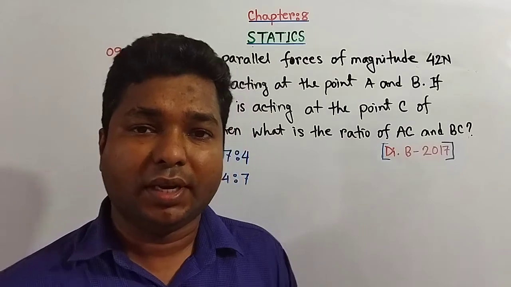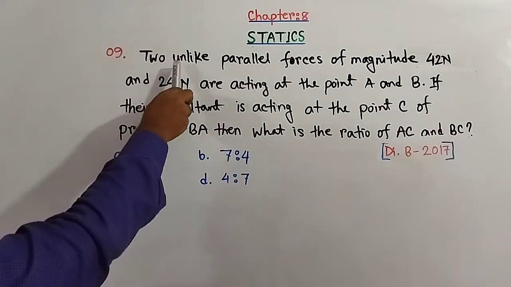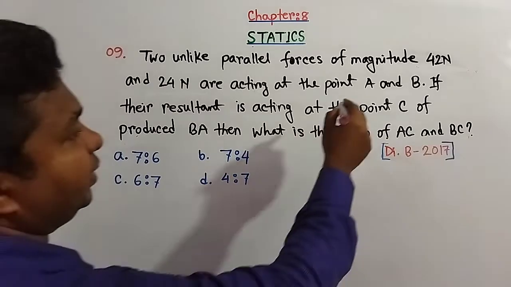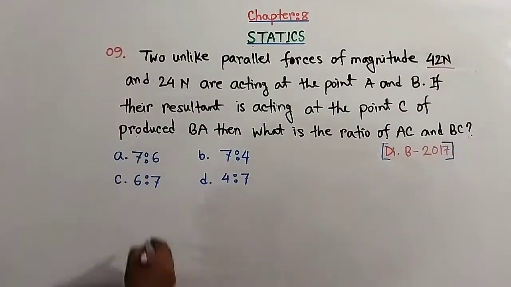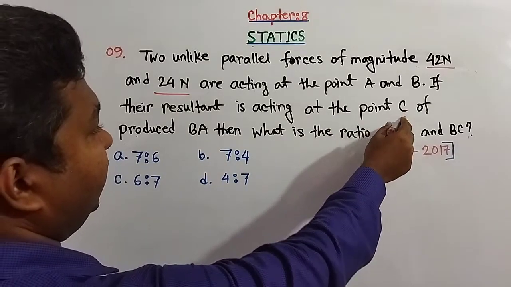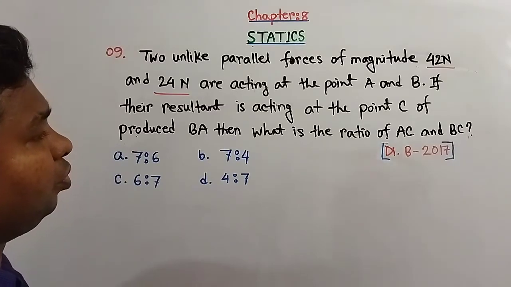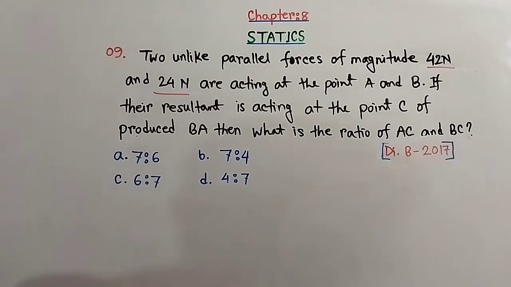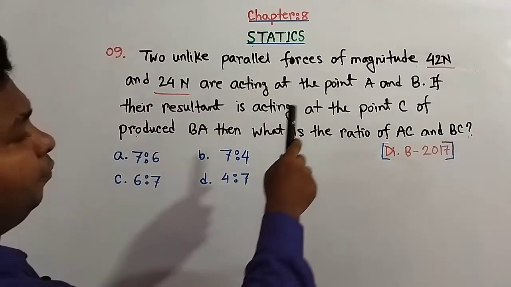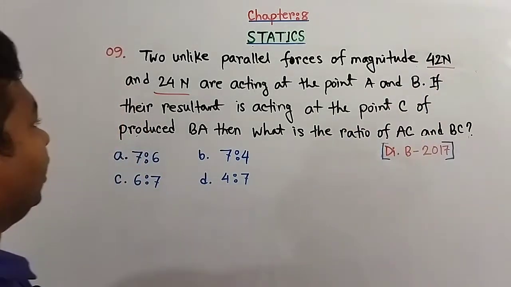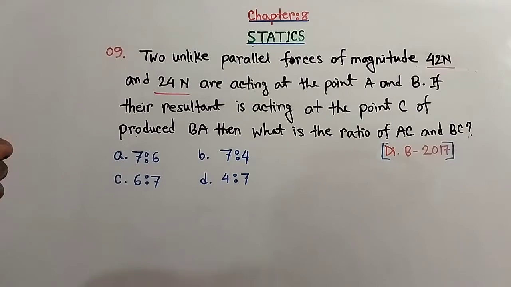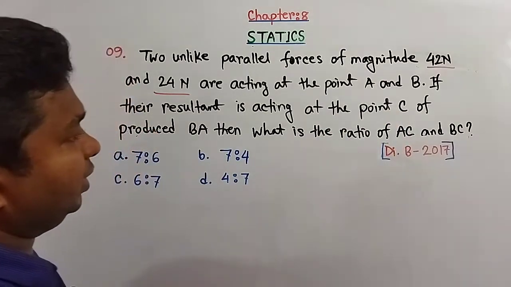My dear students, now question number 9. Two unlike parallel forces of magnitude 42 Newton and 24 Newton are acting at the points A and B. If their resultant is acting at the point C on produced BA, then what is the ratio of AC and BC? Here the given two forces 42 Newton and 24 Newton act at the points A and B respectively.